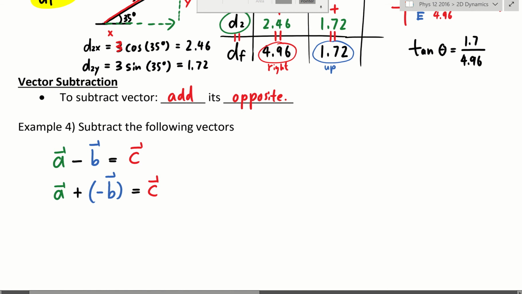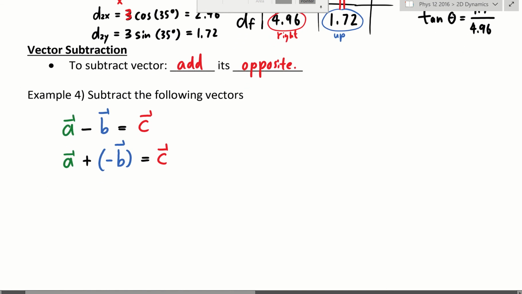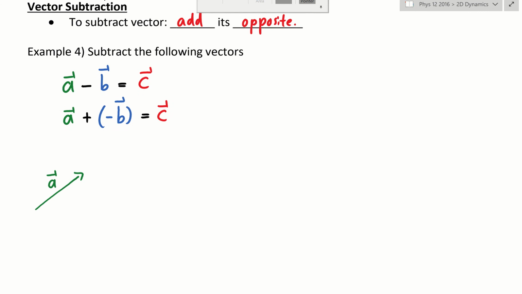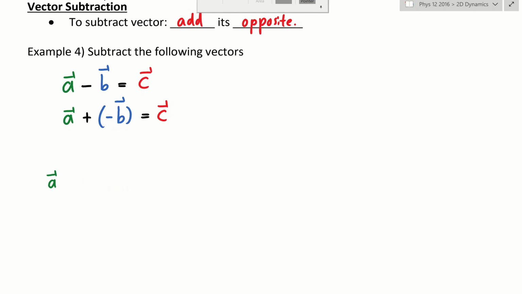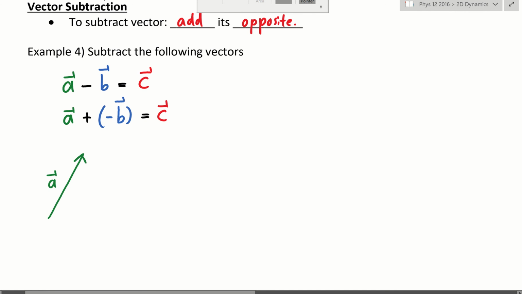Now pictorially, let's say vector A goes like that way, and then vector B is that. Okay, so this is vector B.